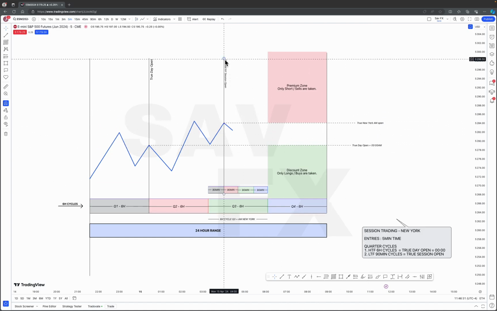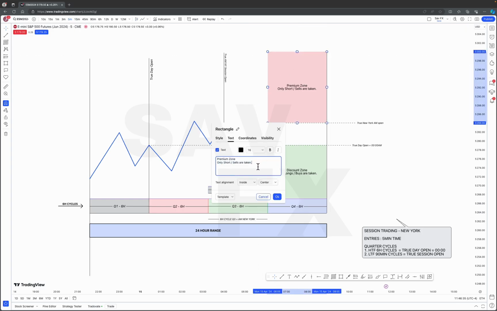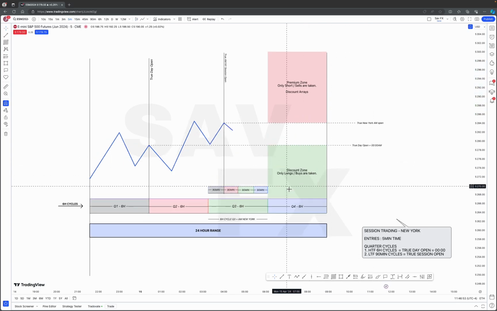So, in simple terms, discount arrays will form within the zone. Discount arrays are PD arrays that support low prices, meaning they take you to a discount, right?